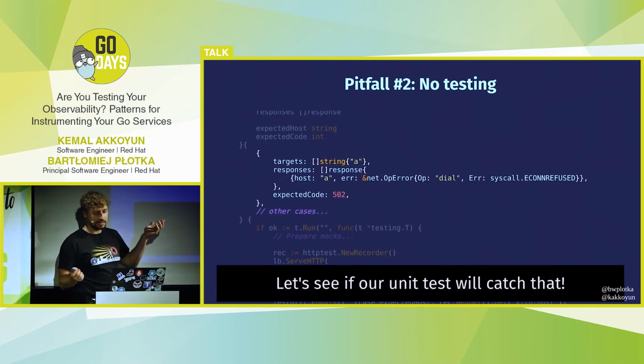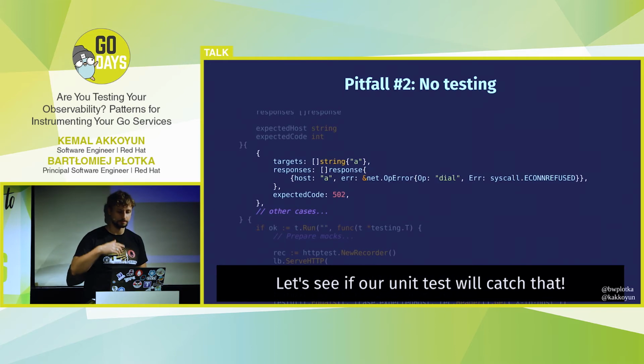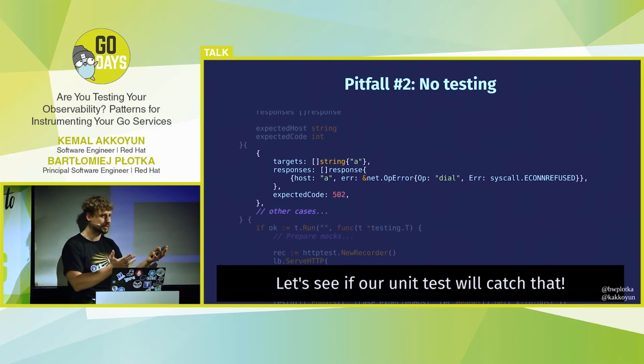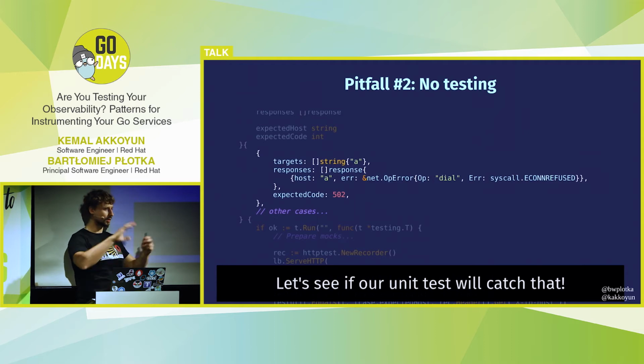First of all, we have some test cases. As you can see, we have certain targets that we mock, and then we mock the response from the backend. As you can see, we are triggering an error, and then we expect the whole thing, the load balancer, to return code 502, which is bad gateway.